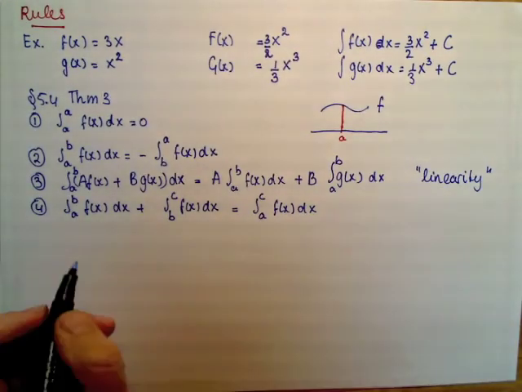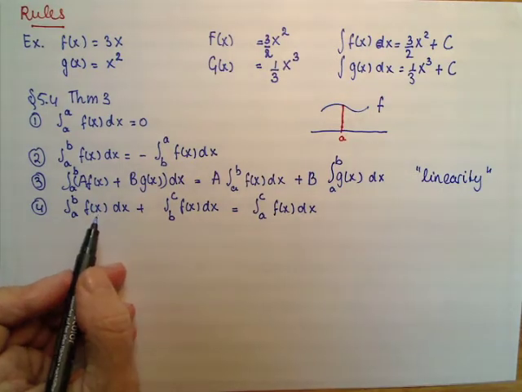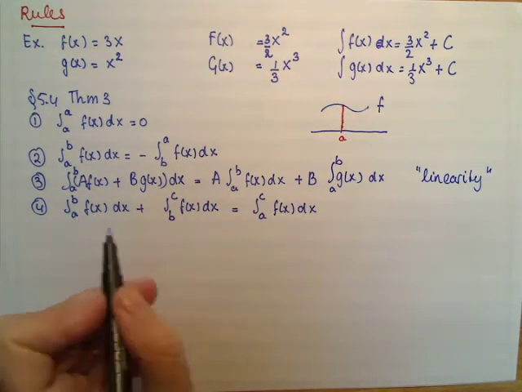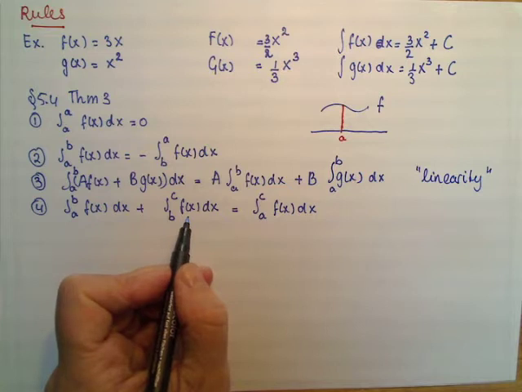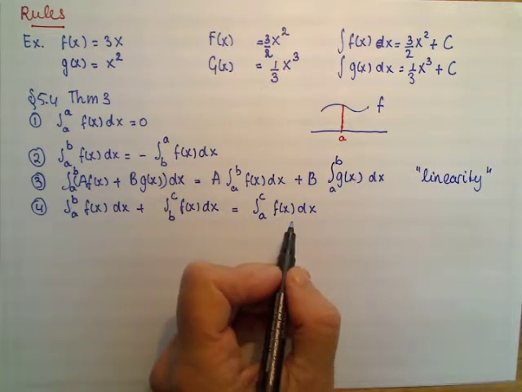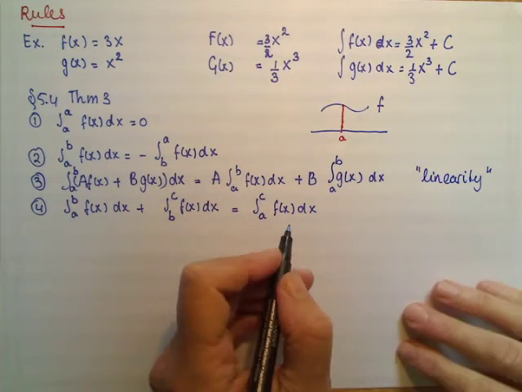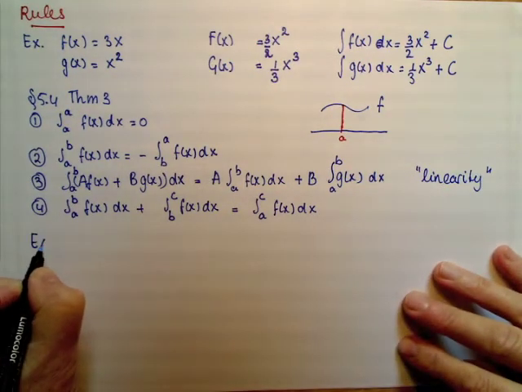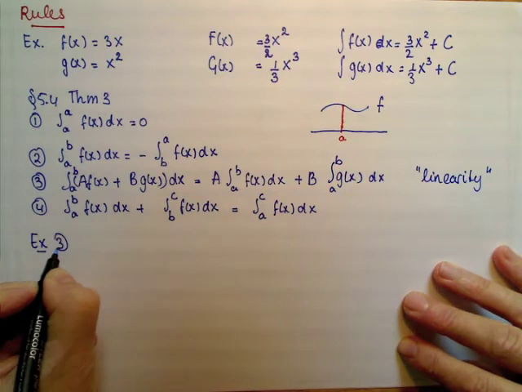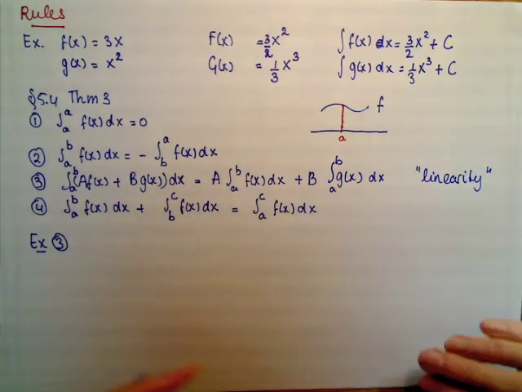And that makes sense, because this is the area under the function f between a and b, this is the area between b and c, and we get the same if we compute the area between a and c in one step. Now let us illustrate rule 3 by our functions.